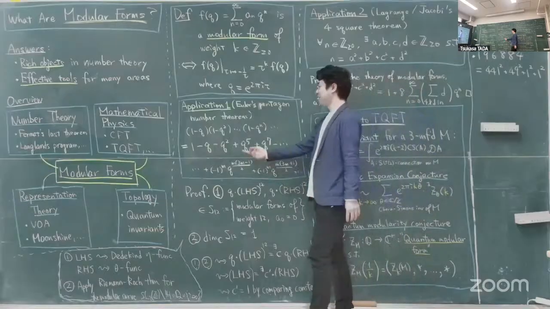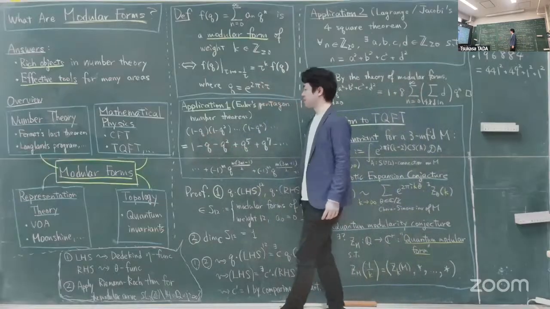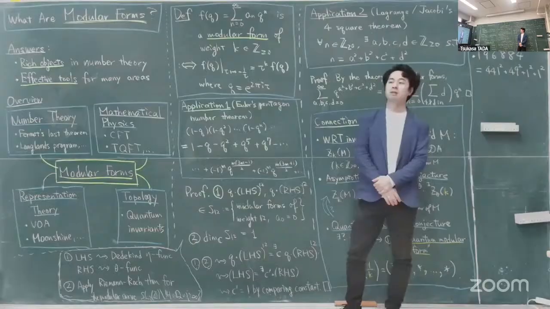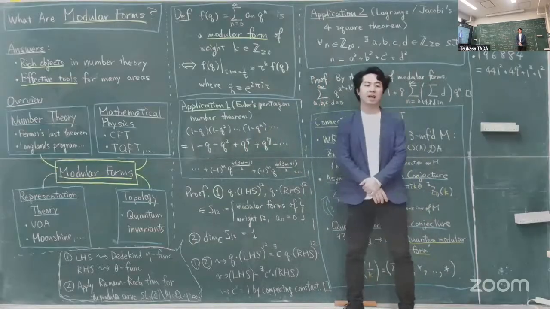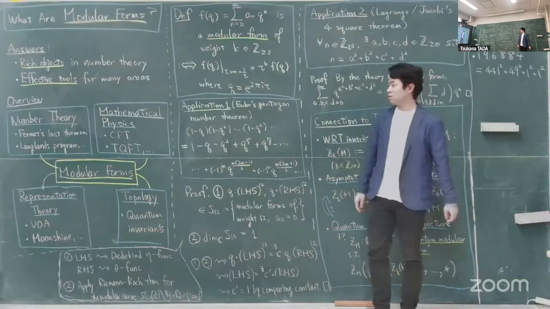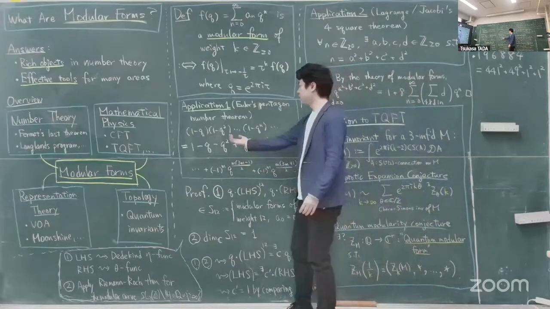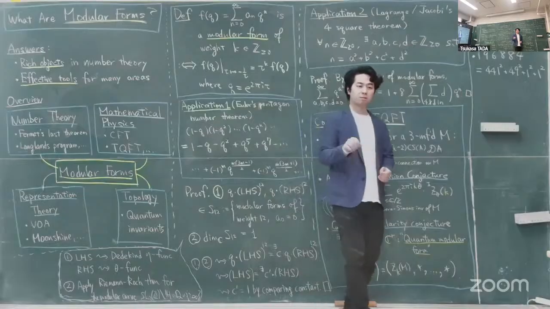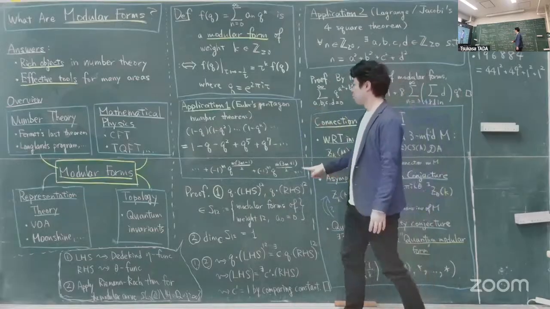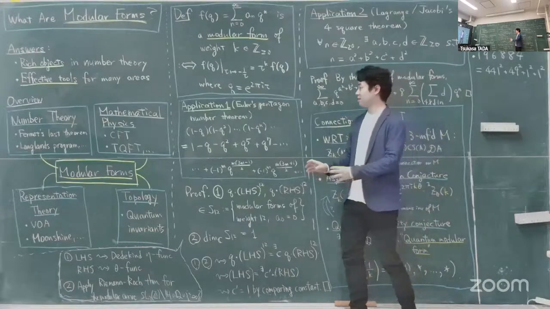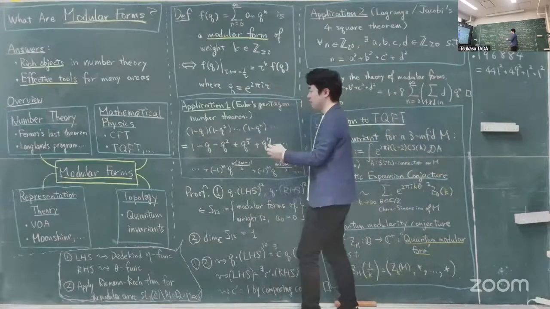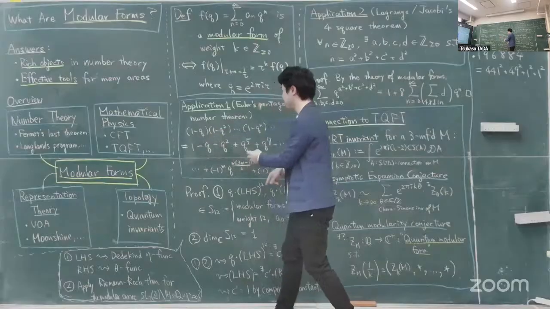We consider an infinite product like this: (1 minus q) times (1 minus q squared) and so on up to (1 minus q to the n), and so on. We can expand this infinite product by hand. For example, we choose n as 100, so there are 100 factors, and we calculate this.